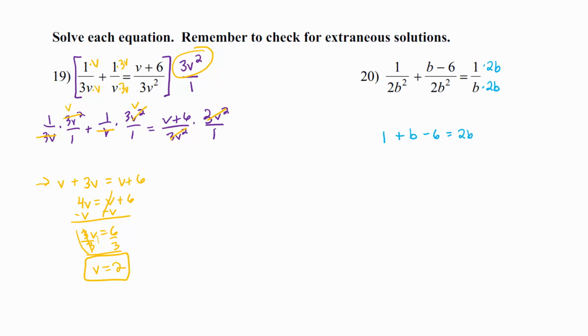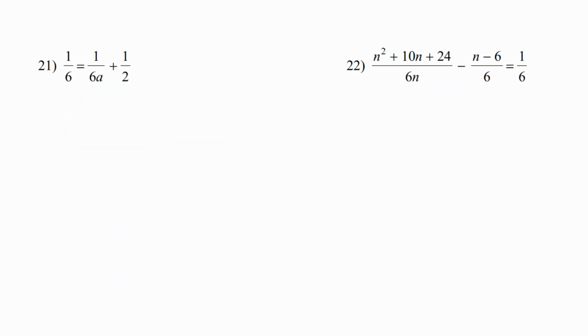So I'm going to do b minus 5 equals 2b, and then subtract b over and get b equals negative 5. And again, I plug in negative 5 to the bottom here, and it doesn't give me 0 on bottom, so it's not an extraneous solution. And we're going to do something similar on the rest of these problems.